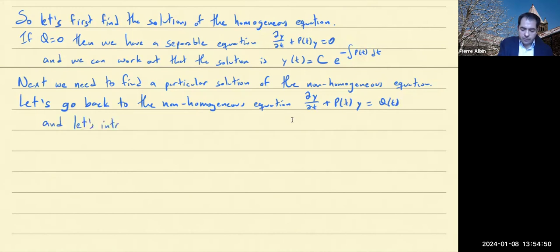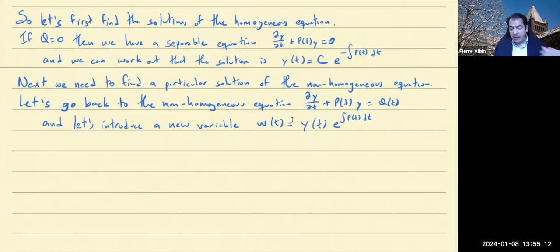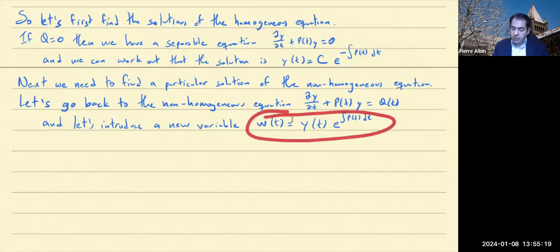And let's introduce a new variable. Let's call it w of t. W of t is going to be y of t multiplied by e to the integral of p of t dt. Okay, so again, we're inspired to try this because if we were working with the homogeneous equation, then this w would be just a constant. Okay, let's see what happens in the non-homogeneous case.